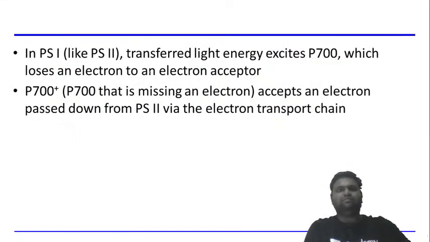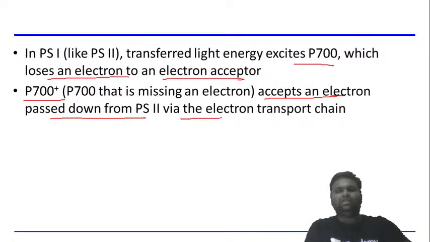In PS1, like PS2, light energy excites P700 which loses an electron to an electron acceptor. P700 plus accepts an electron passed down from PS2 via the electron transport chain.